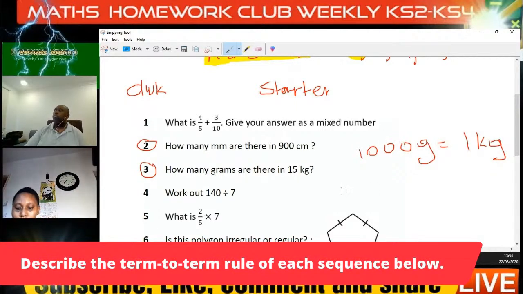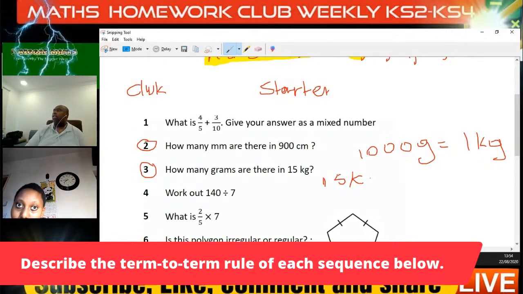I want you to think about this, Denzel. If 1,000 grams is equal to 1 kilogram, how can I work out 15 kilograms into grams?